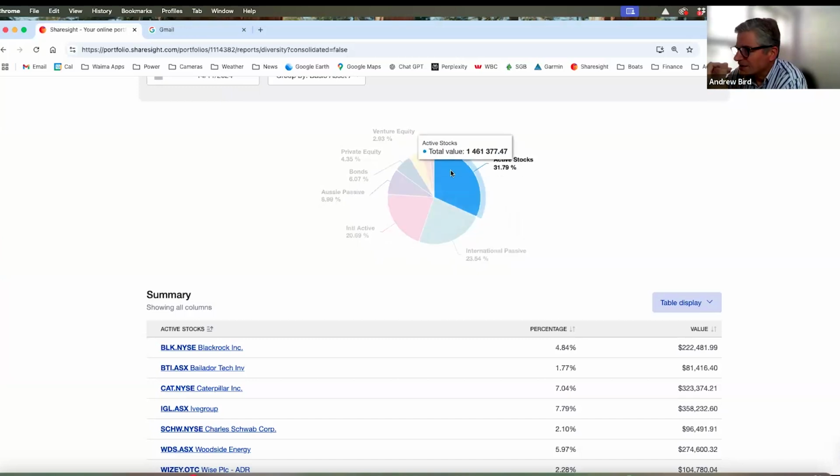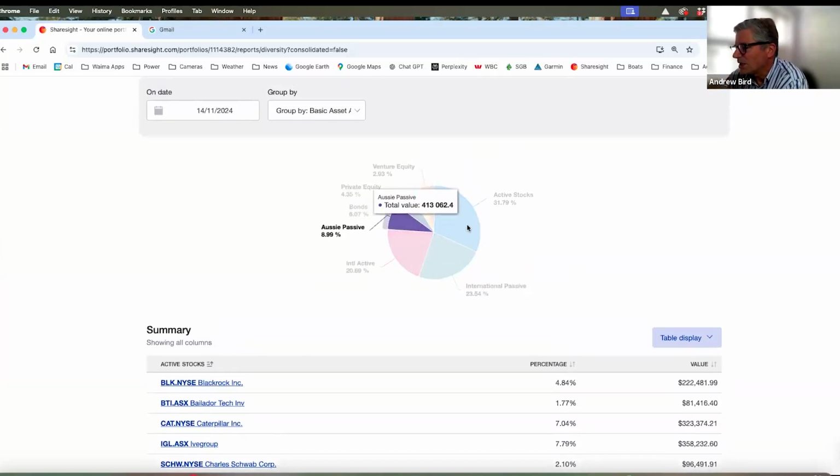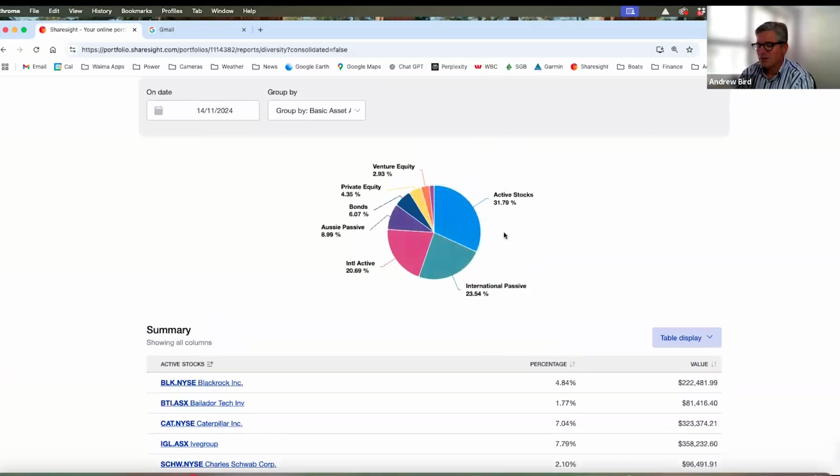Aussie passive, I could probably own a bit more, but the problem I find with Australian stocks, and not that I'm anti-Australian in any way, is that it's such a limited pool. It's great for big financials, big mining, and a few others.